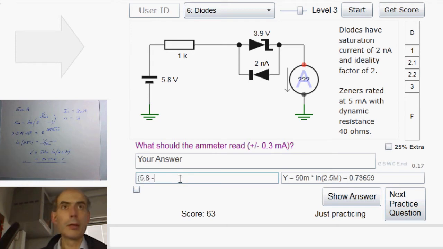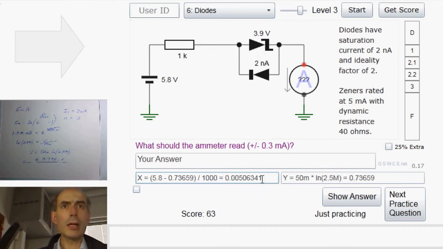5.8 minus 0.73659 divided by 1k, and that would give me a current of 5.06341 milliamps. And I could take that current and go back through the equation again and work out an even more accurate value for the voltage dropped across this diode.